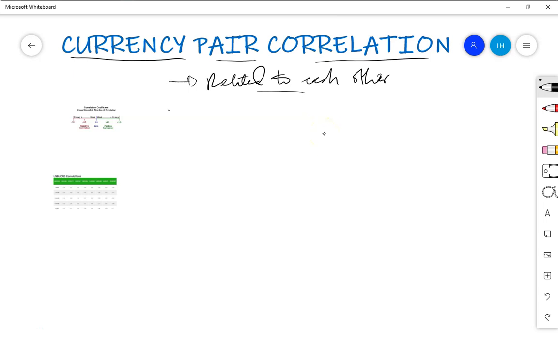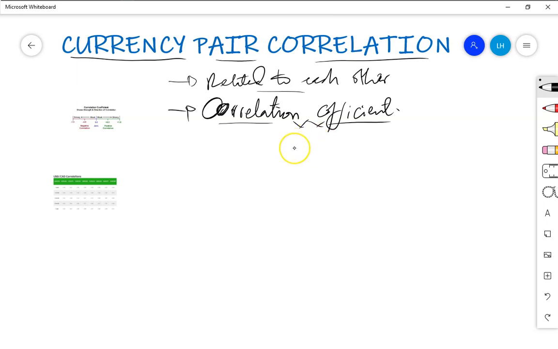Now, currency pair correlation is measured in terms of what we call correlation coefficients. A correlation coefficient is simply a measure of currency pair correlation, and it is numbered from negative values, through 0, to positive values.